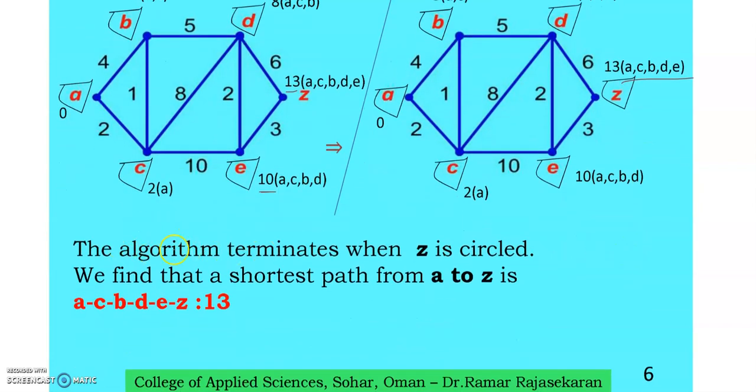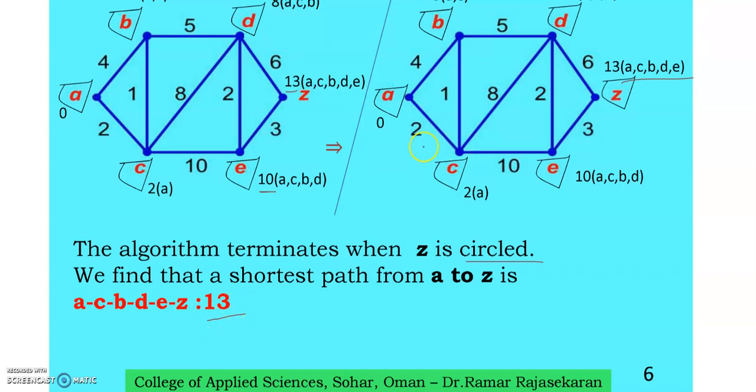Now you see the algorithm terminates when Z is circled. So that's what I did. Therefore we find that a shortest path from A to Z is A, C, B, D, E, Z with the minimum weight 13.